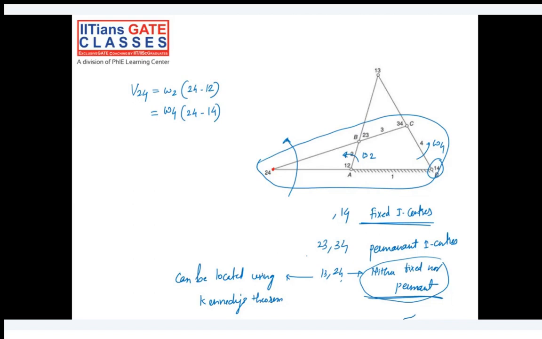Okay, can I write it like this? In the other way, I can write omega 4 by omega 2 will be equal to the 2 4 to 1 2 distance divided by the 2 4 to 1 4 distance. This also you can conclude out of it.